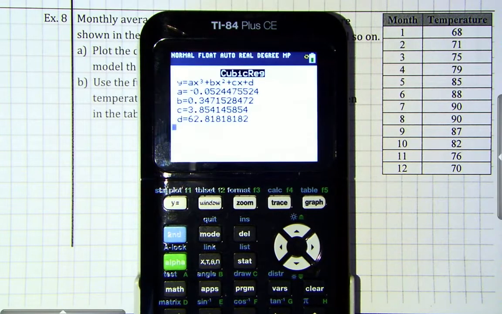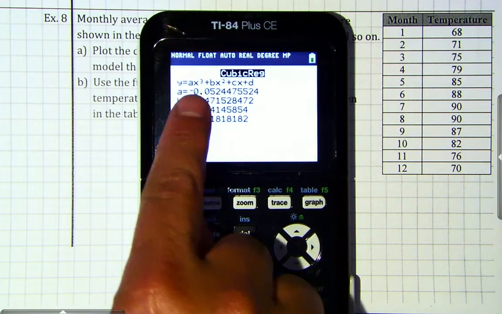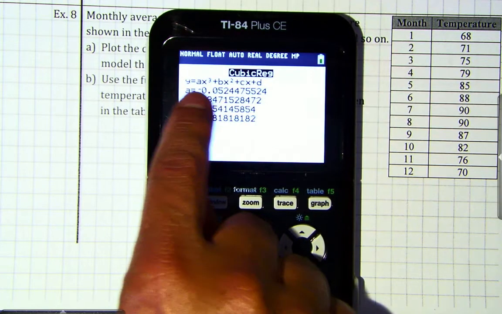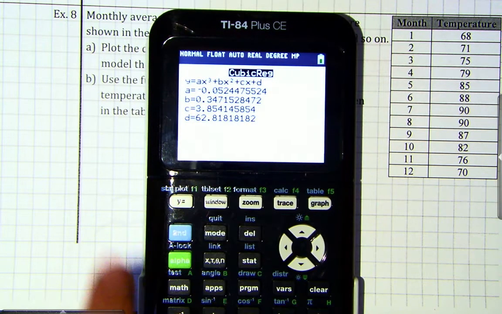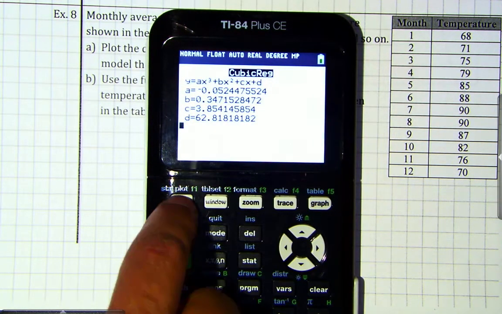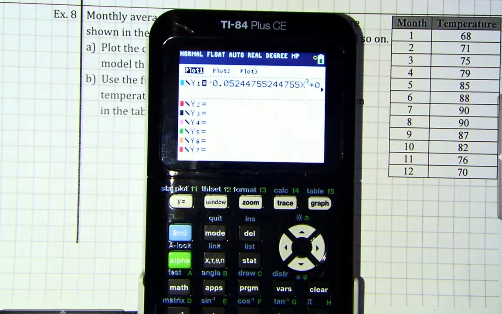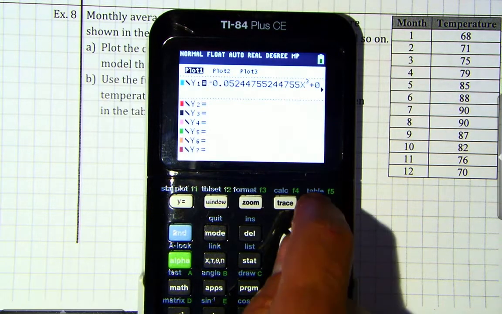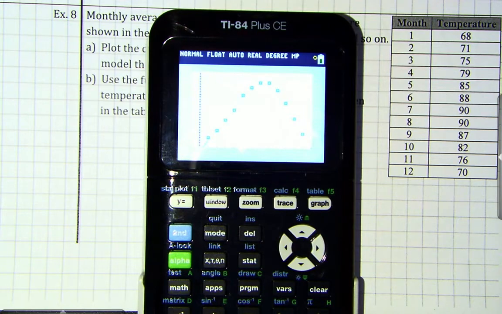It's going to go through the calculation. And notice that this is a cubic. We have a, b, c, d that gives the values. But since we saved it, if I press Y, those values should automatically be saved on the function. And now if I graph it, it's going to give me a function.